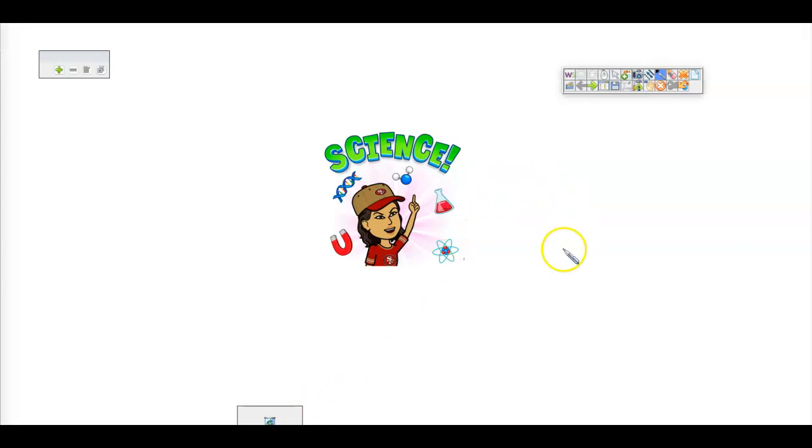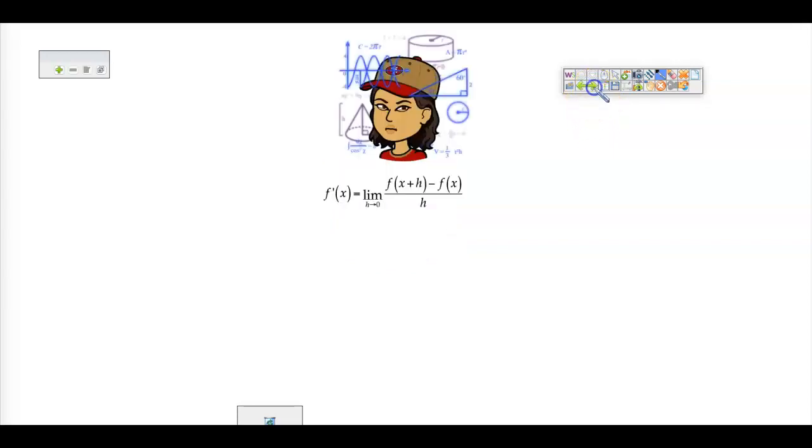But anyhow, we're going to continue on with some concepts that we were talking about last class meeting. So, this limit definition: f prime of x equals the limit as h approaches 0 of f of x plus h minus f of x over h. The theoretical component is that this represents the slope of secant lines.